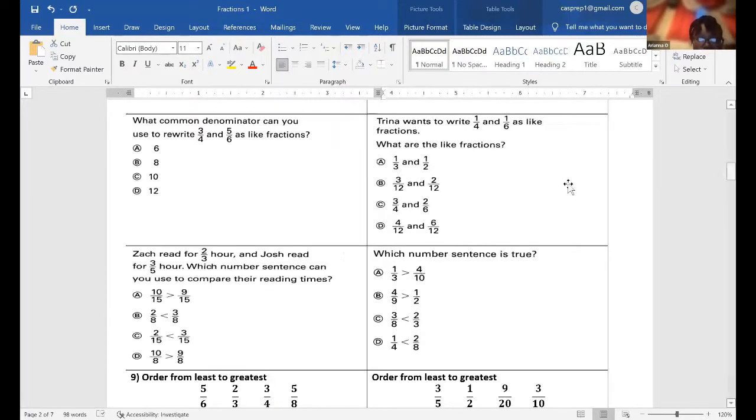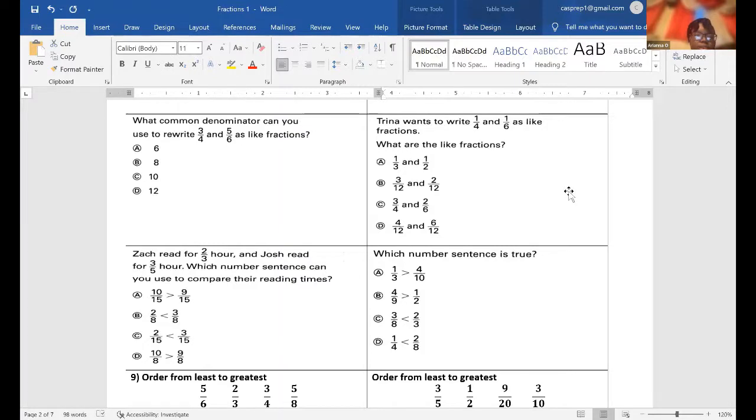The like fractions would be 3/12 and 2/12. Okay, how'd you get that? Because if you multiply the 4 times 3, you get 12, and whatever you do to the bottom, you have to do to the top.